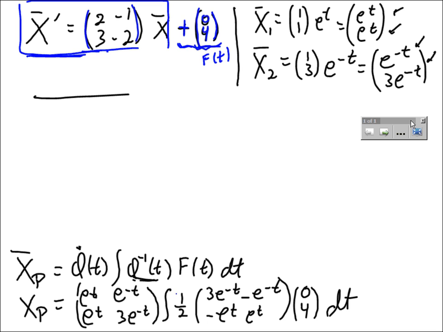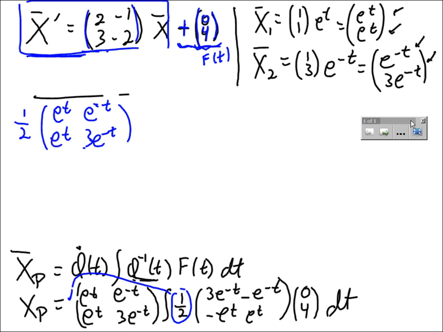And we want to work out this integral. First thing I'll say is this half can come way out in front. So I have 1/2 times the matrix that's already in front of the integral, times the integral of this times that. Well, let's multiply this by that.